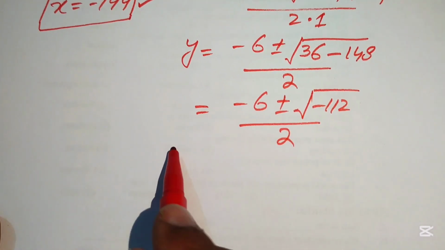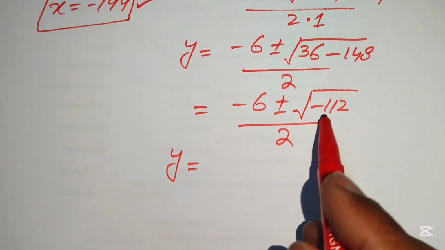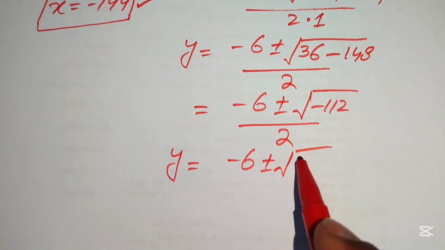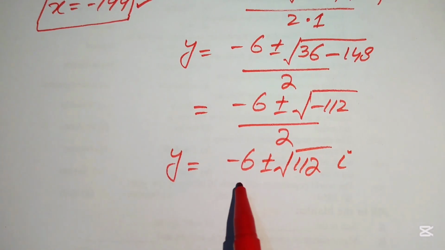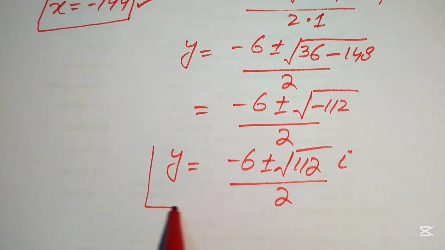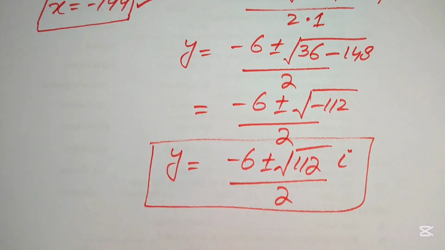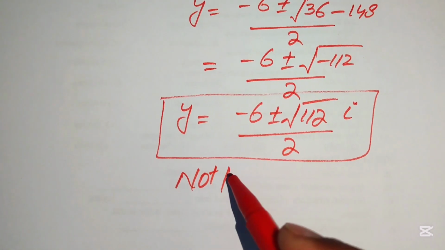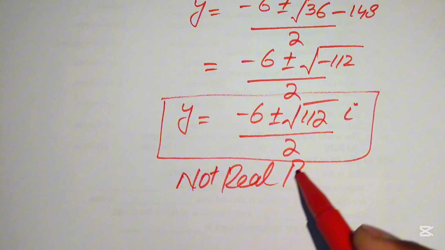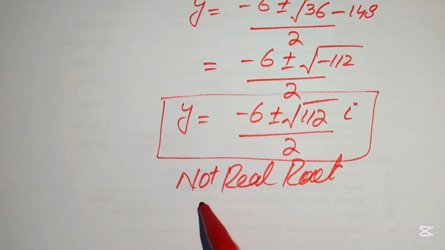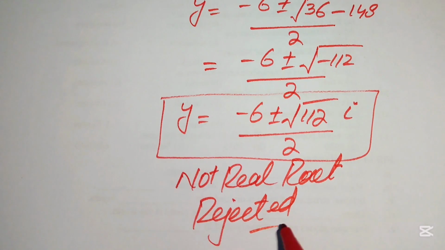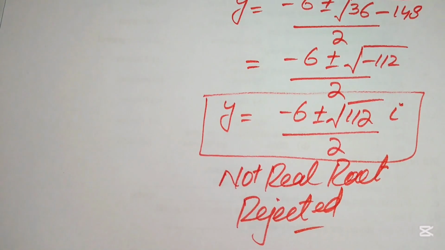Here you see that we get the negative sign inside the square root, so it will be written as iota. Okay, so it is divided by 2. So here you see that these roots are complex roots. Okay, it is not a real root. Because this is a complex root, we reject this case because we need only real roots.